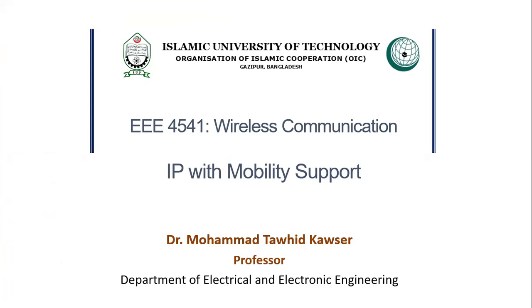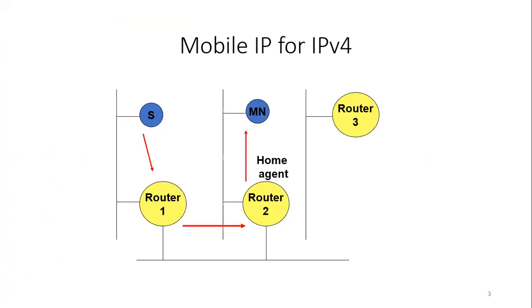Yes, sir. IP with mobility support. Okay, so there is a blue node, which is a user who can move, and this S marked blue node is someone who is sending packets to the blue node.